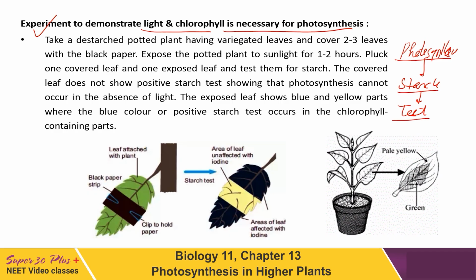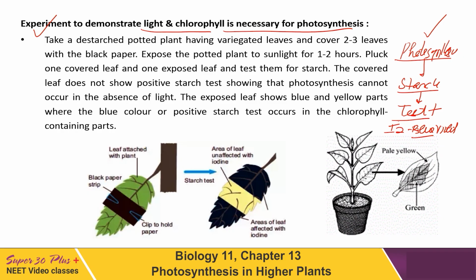If the starch test is positive, starch is there, which means photosynthesis is done. The starch test is done by dipping in iodine, and if it turns blue-violet, starch is there. It means that part has done photosynthesis.